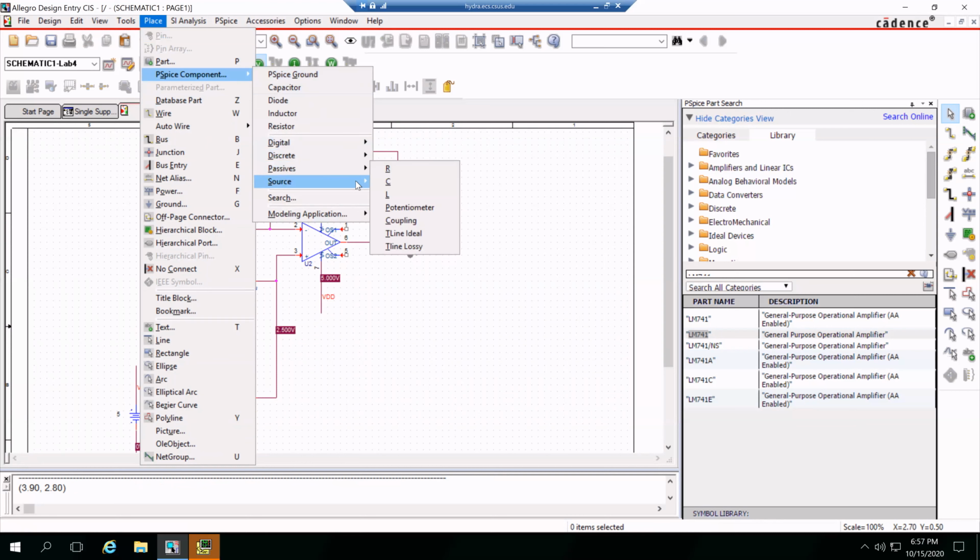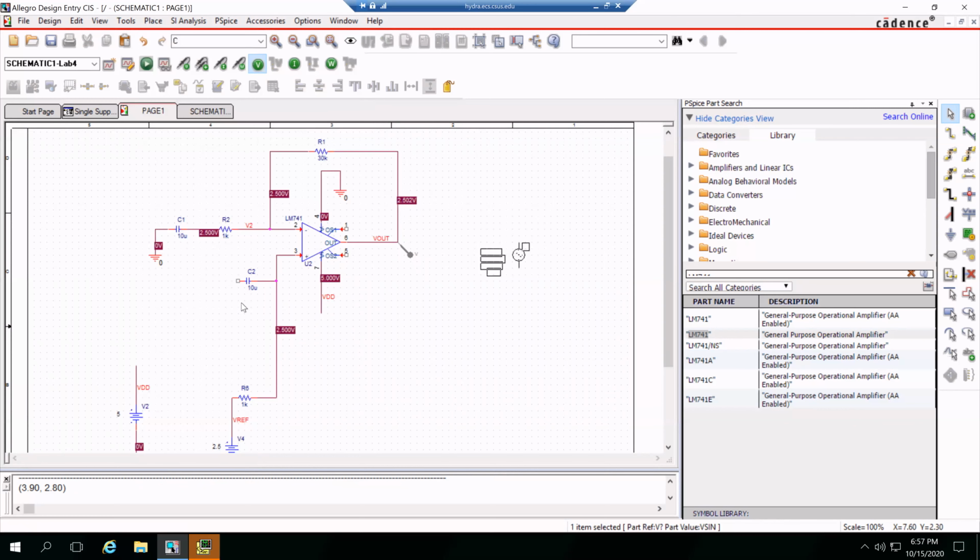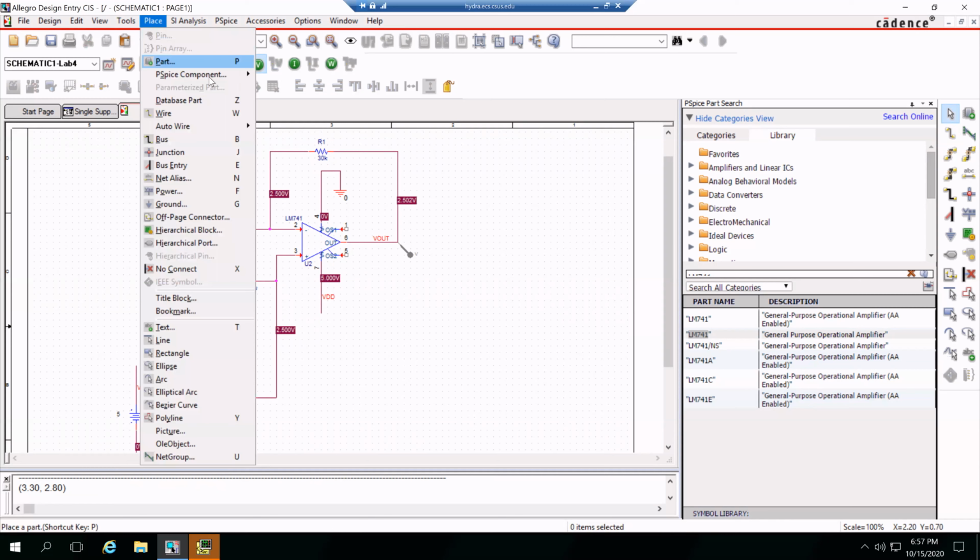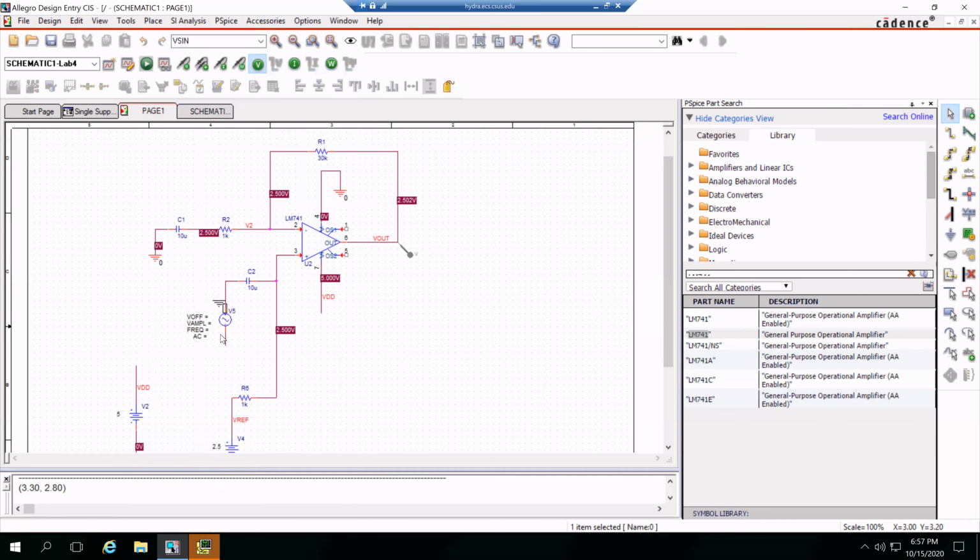Let's see here, source, voltage source, sign. All right, let's go back.